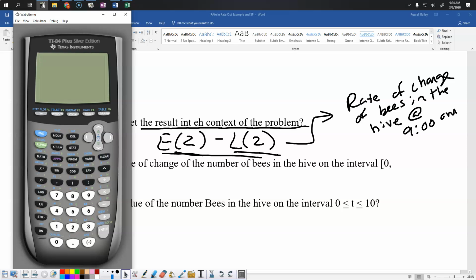So I'm just going to do e of 2 minus L of 2. Now, which function did I call e? Y1. So I'm going to do y1, parentheses 2. Just type it right in, right? Minus y2, parentheses 2. Let's see what we get. Negative 16.629.